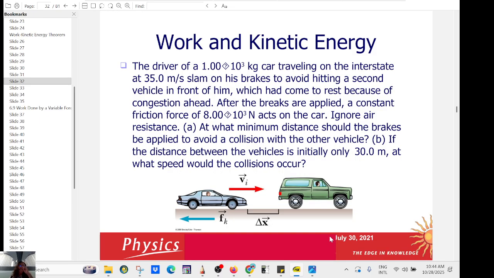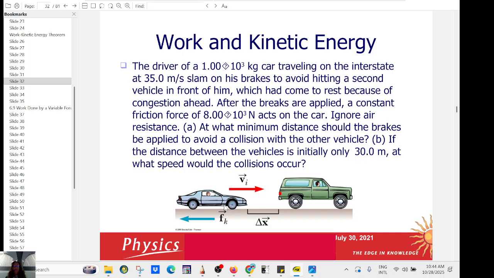So work and kinetic energy, you can do that on your own. But let's say you are hitting the brake because you are about to have a crash. Very easy here. So you have kinetic energy to begin with, right? So 1/2 mv square. And then if you hit the brake, all that kinetic energy will be transferred to heat.